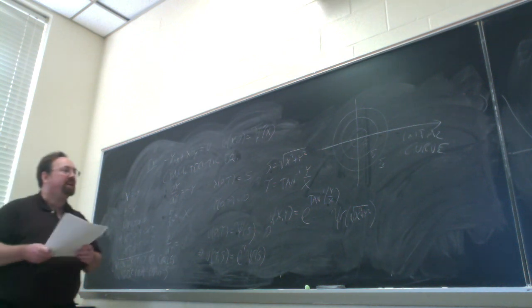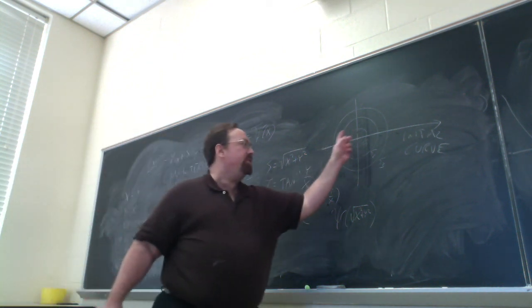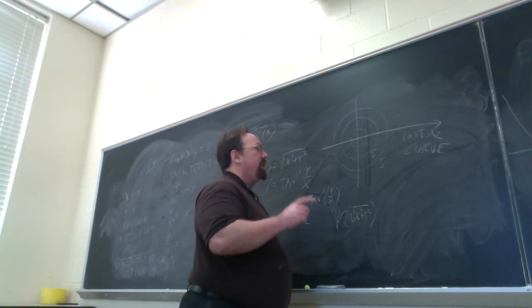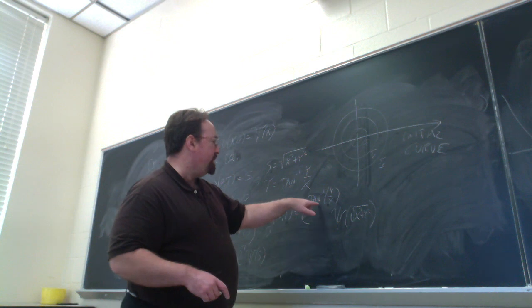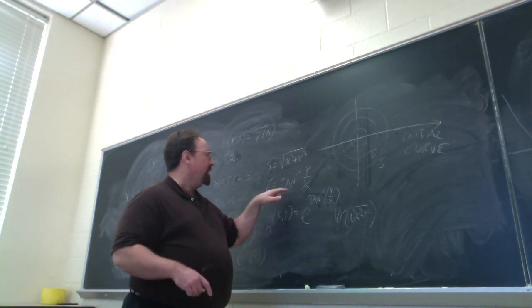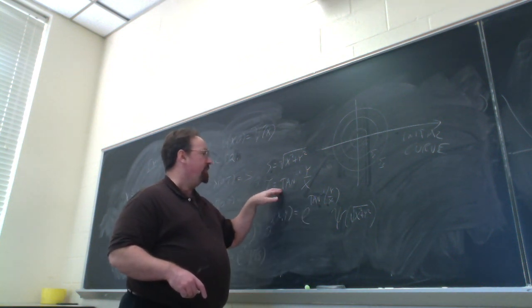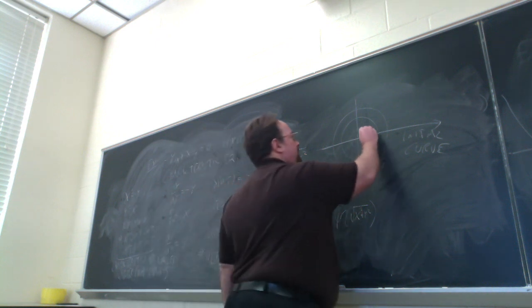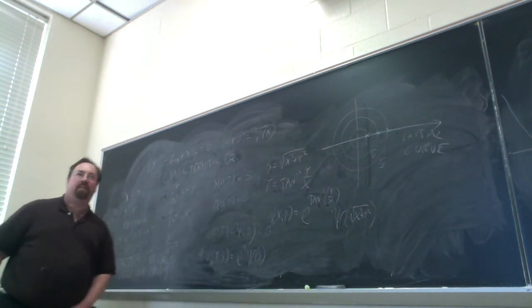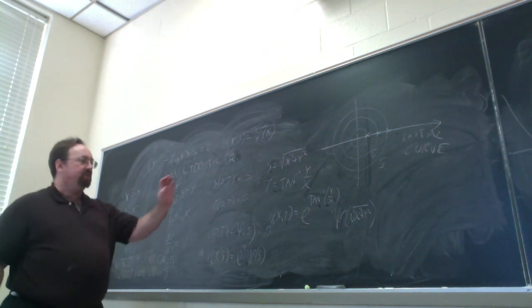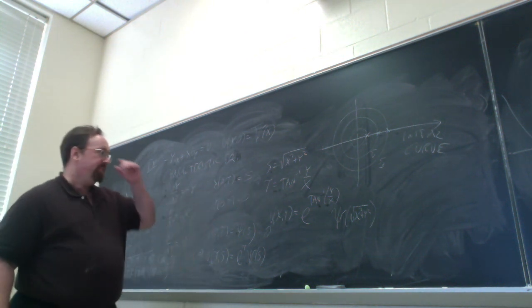Now, normally the characteristics and the initial curve should only intersect once. Here they clearly intersect twice, but because we made this choice for the inversion, we assume x is positive. This is the only intersection on the positive x-axis that actually counts. So this solution is well defined.